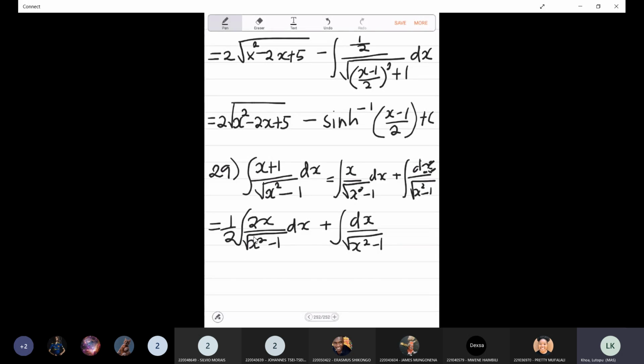Okay, so this one we can just use direct integration because the derivative of the denominator is our numerator.